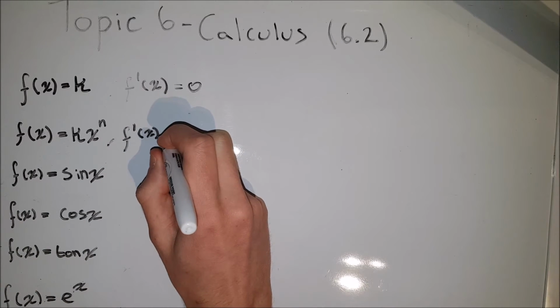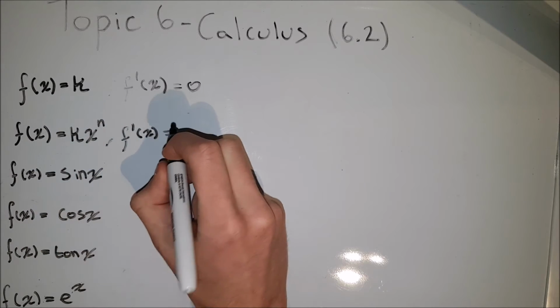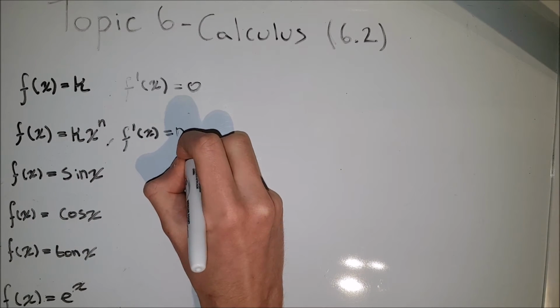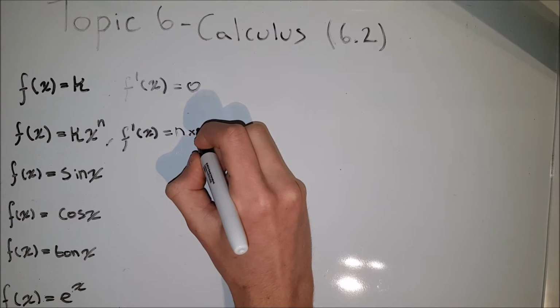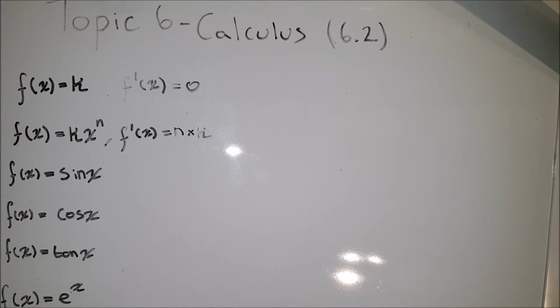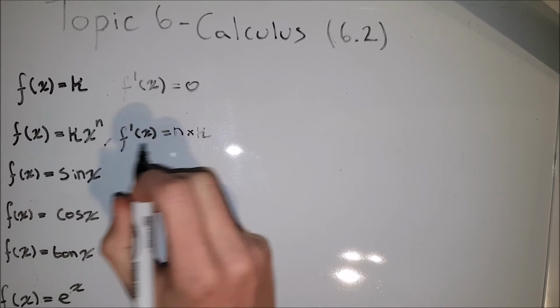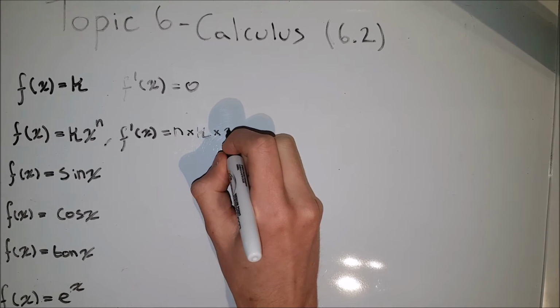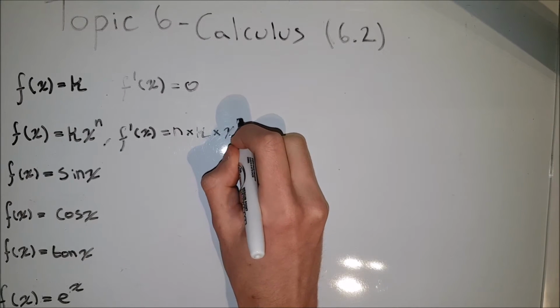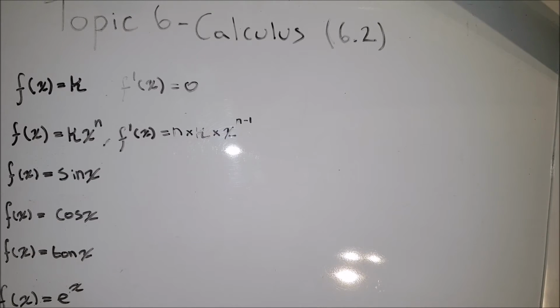So it's to the power of n, so the n is going to come down. The k is going to stay because the constant stays when it's being multiplied by a variable, and the exponent is going to go 1 down, so it's going to be k n x to the power of n minus 1. Yeah, that's the derivative of k times x to the power n.